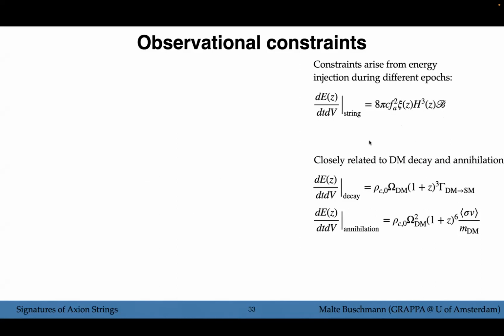Once you have that, it's actually pretty trivial to derive these constraints because it looks exactly like decaying dark matter, or annihilating dark matter, which also inject energy. The source of that energy is very different, but from a purely analysis point of view, it's pretty much the same.